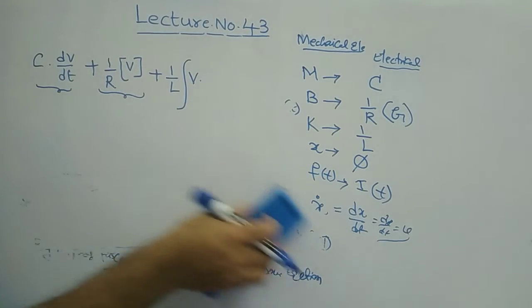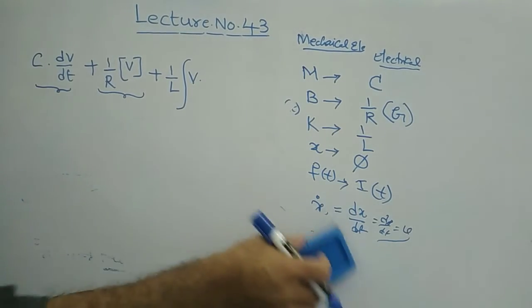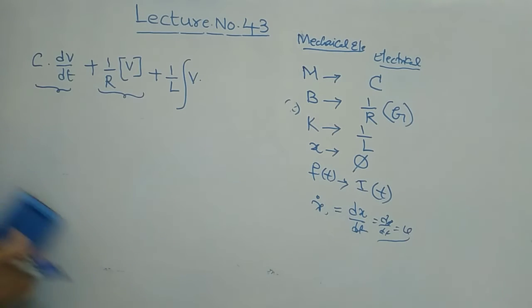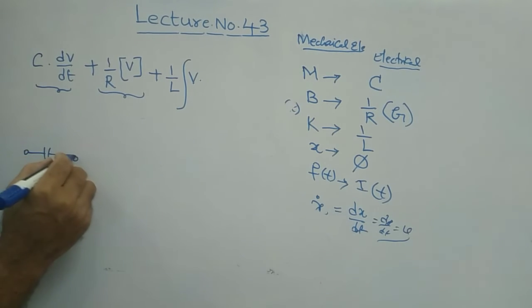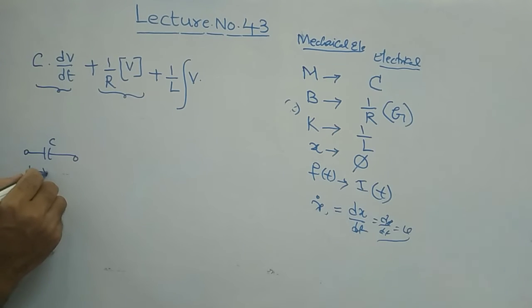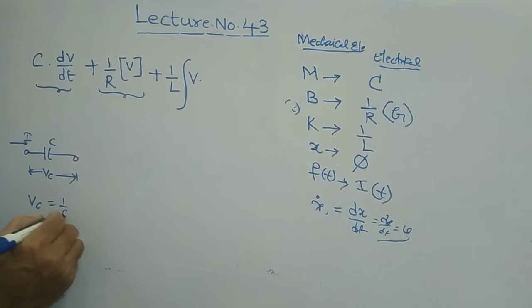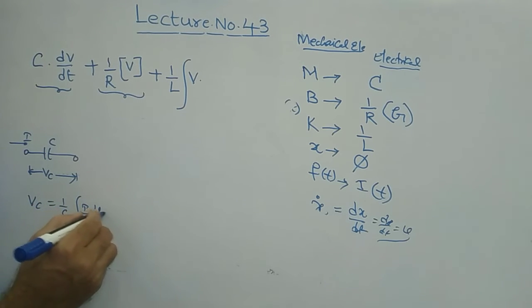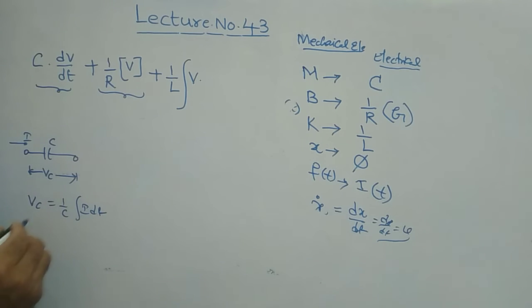All these are nothing but, if you take the capacitance, say for example voltage Vc across the capacitance, let us say current. What is Vc here? Vc is equal to 1 by C integral of I dt, no? Then what is your I value here?